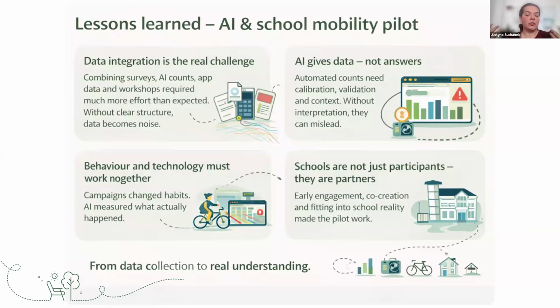We experienced that data without structure quickly becomes difficult to use. Second, AI gives you data, but not answers. Automated counts still need calibration, validation, context, and checking that everything is fine in collecting the data, so that we use it in the right way.